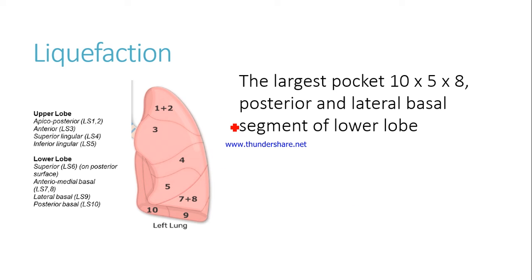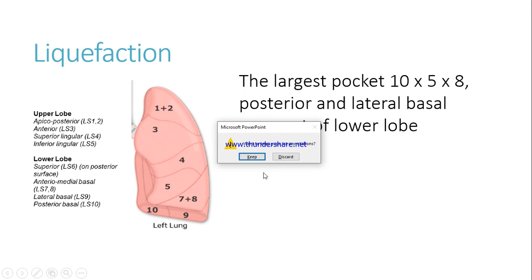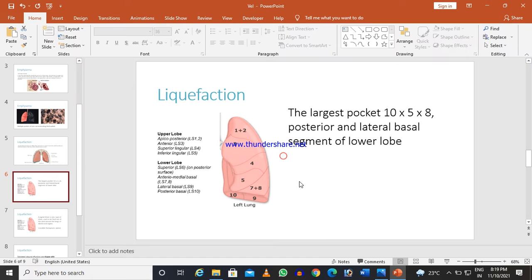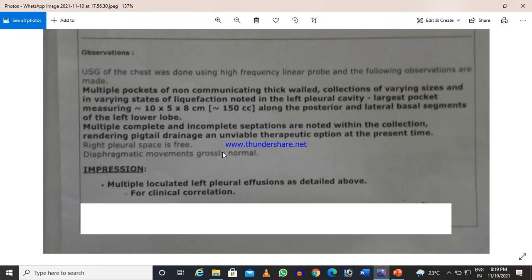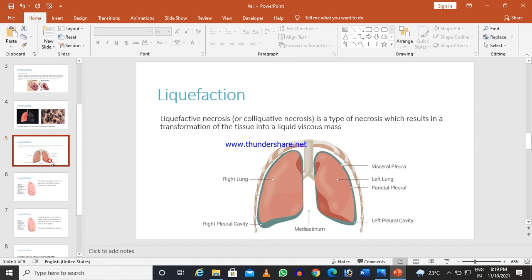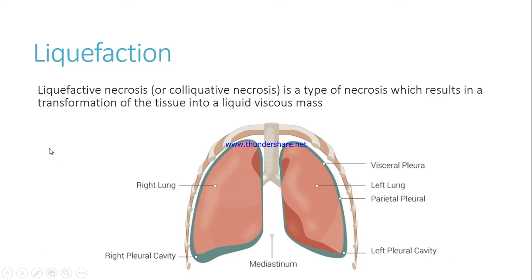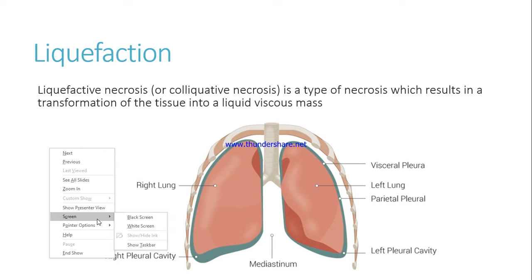So if you see the report, you see there is the collection of varying size and varying states of liquefaction noted in the left pleural cavity. Okay, so what is the pleural cavity?